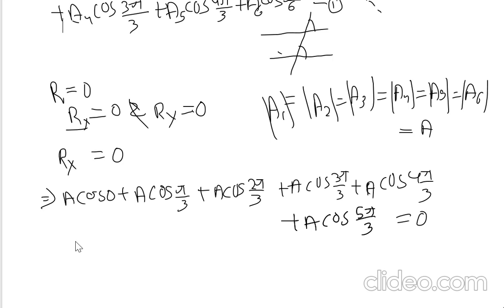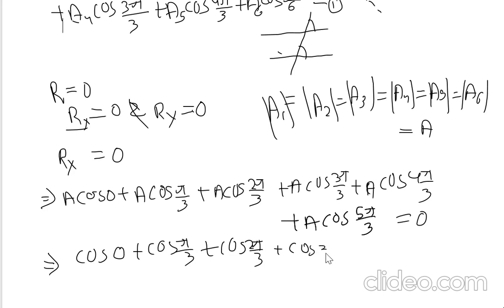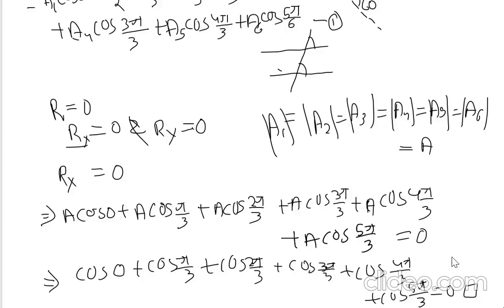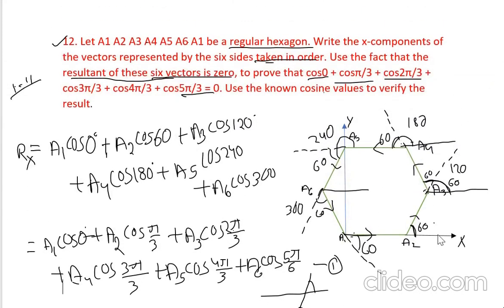Taking A as common, I find cos 0 plus cos pi by 3 plus cos 2 pi by 3 plus cos 3 pi by 3, plus cos 4 pi by 3 plus cos 5 pi by 3 is equal to 0, which is what was asked to prove. Okay, so we proved it and the question is solved.